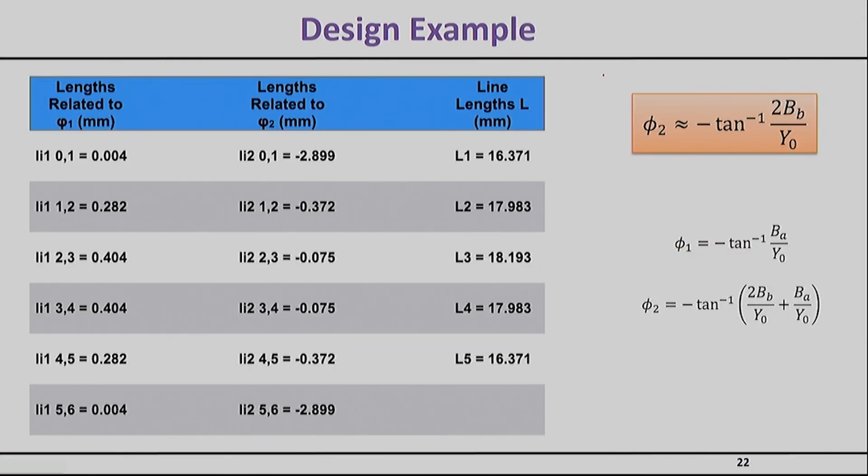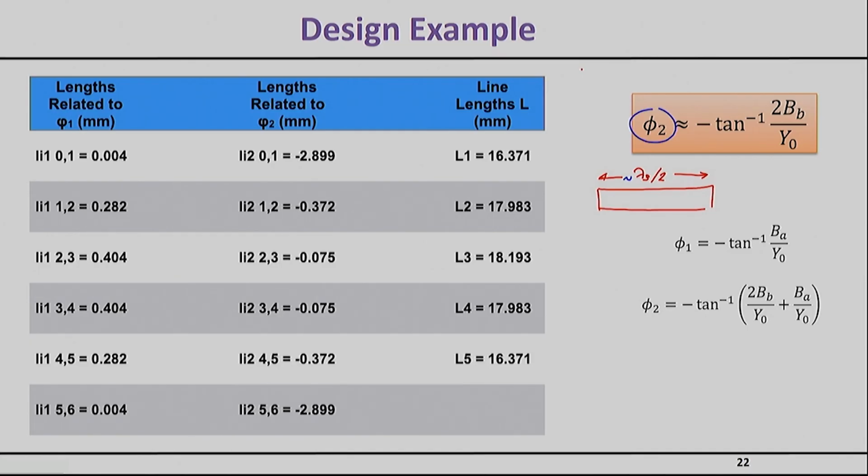Now, once we know the gaps, the last step of this design is to basically find out the true lengths of the resonators. Remember that the resonators will be approximately half a wavelength. So we have already calculated the lambda g. So approximately we're looking for lambda g by 2. But the issue is that we have to take into account those negative lengths.